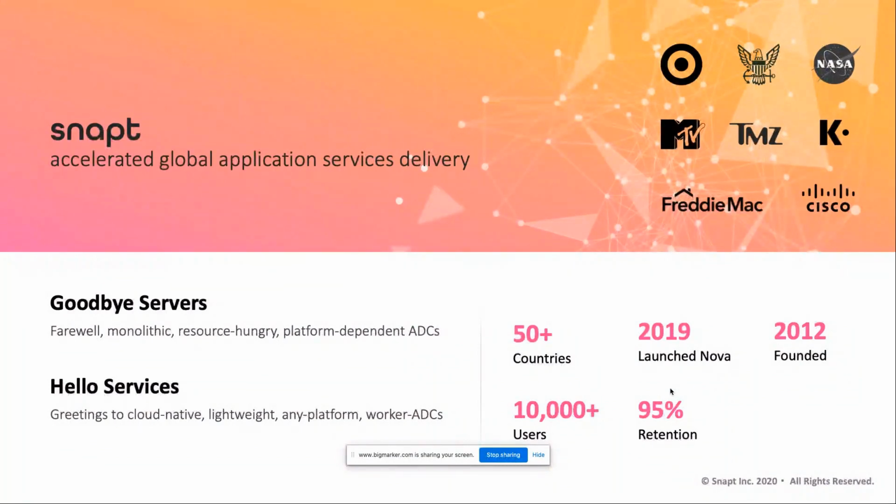Snapt has presence in leading brands, and of course government entities as well. That speaks volumes to the emphasis we have from a functionality perspective, and of course the DNA and software methodology of implementing a secure and a reliable platform to be able to address the needs of these large entities and customers.